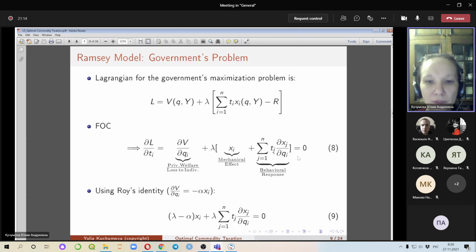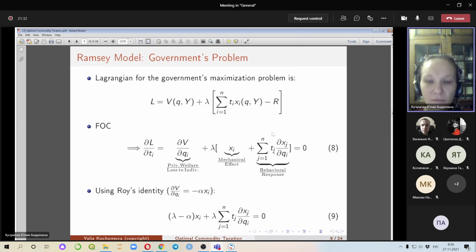Here the government is a perfect one, a social planner who cares about individuals. Therefore we have this indirect utility function in the government's maximization problem.